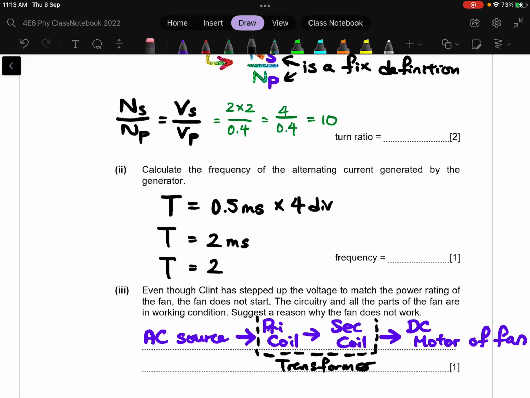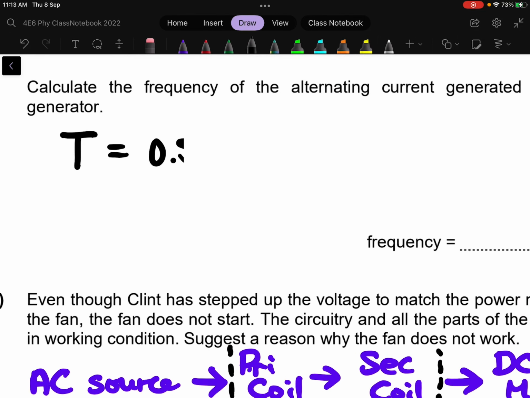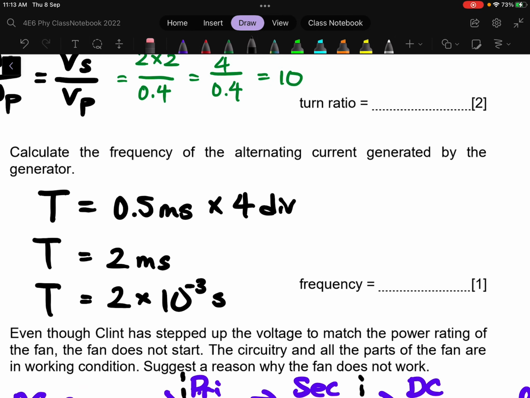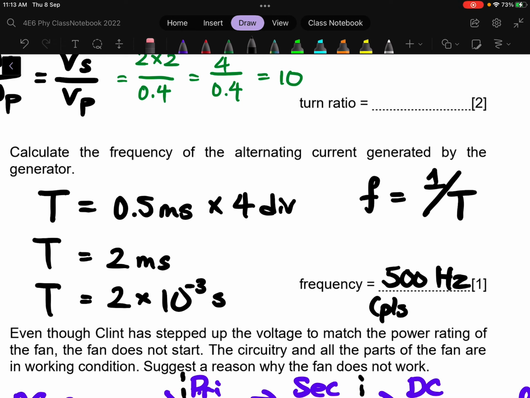You need to turn this into your SI unit, which is 2 multiplied by 10 to the power of minus 3. Then to find the frequency, it's just 1 divided by the period. You go and work it out. If I remember correctly, it is 500 hertz. Yeah, you go and check.